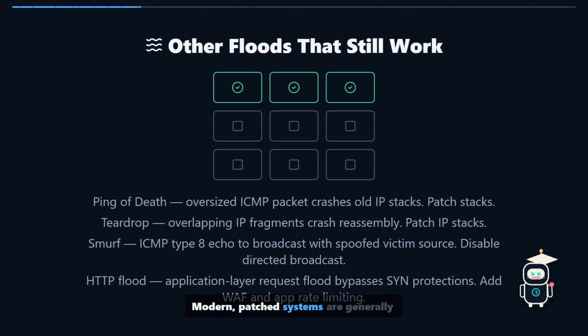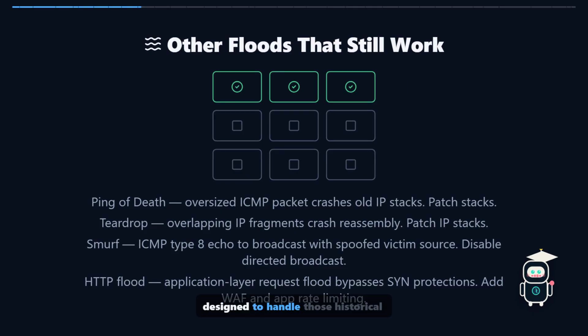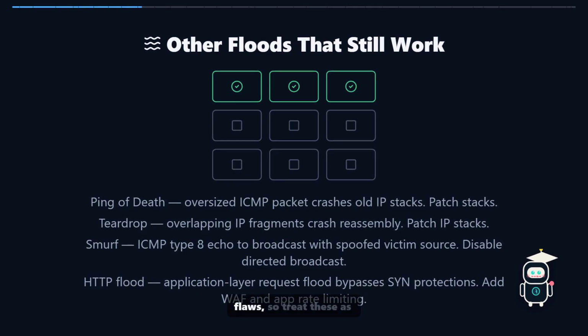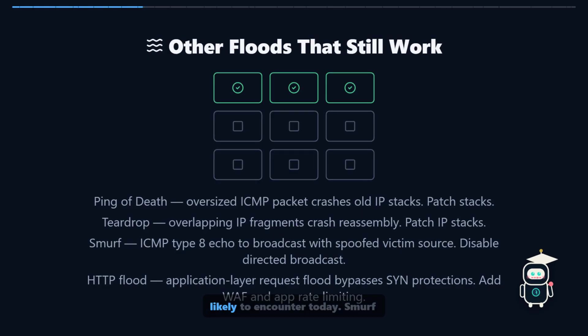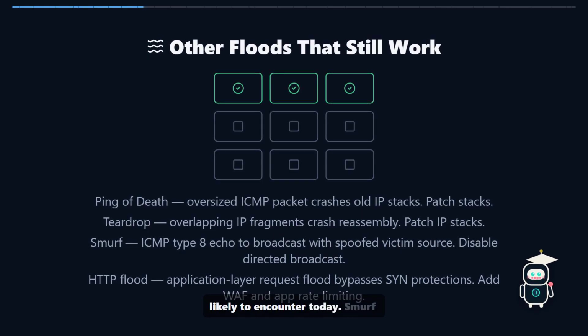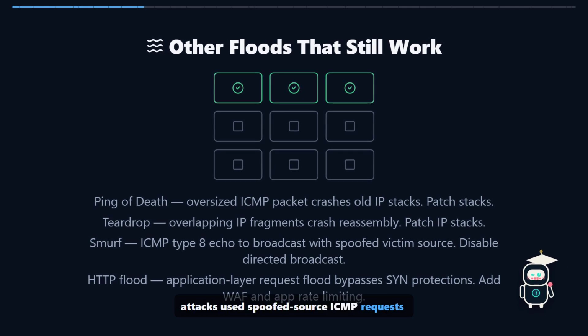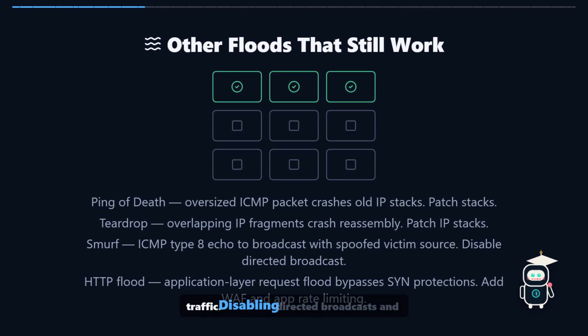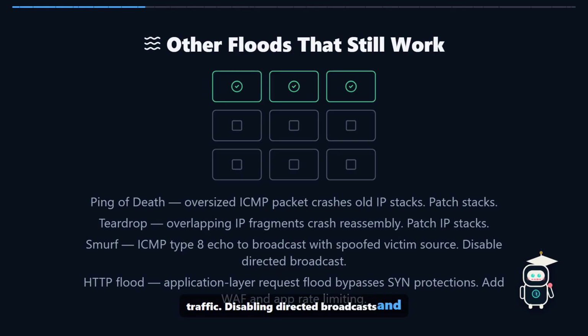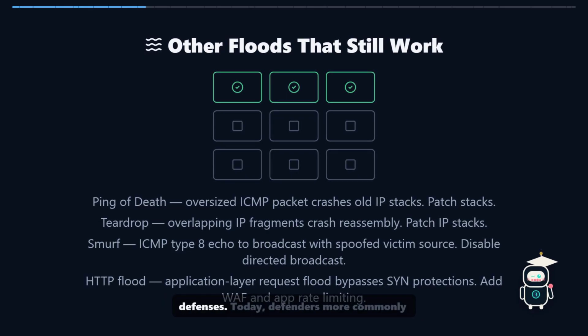Modern, patched systems are generally designed to handle those historical flaws, so treat these as legacy vulnerability patterns, not as the attacks most beginners are likely to encounter today. Smurf attacks used spoofed source ICMP requests and broadcast behavior to amplify traffic. Disabling directed broadcasts and applying anti-spoofing controls remain relevant defenses.